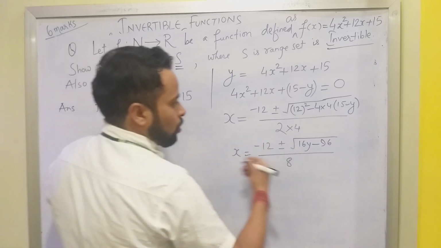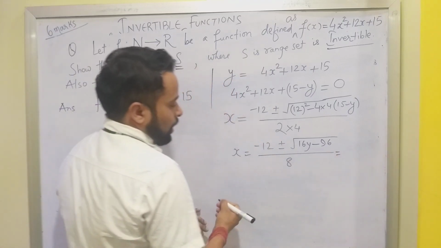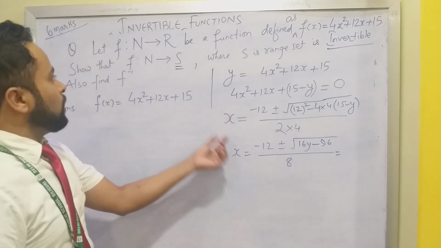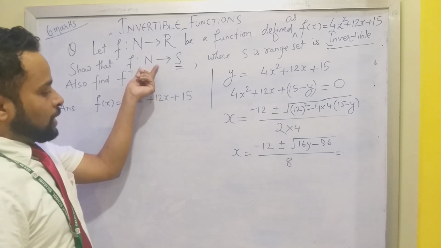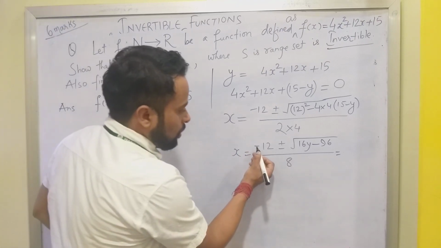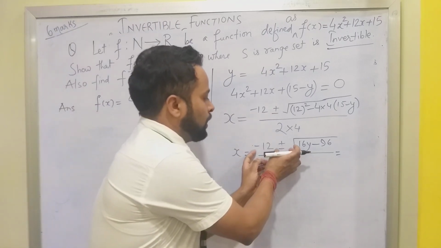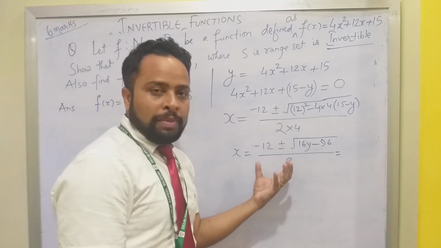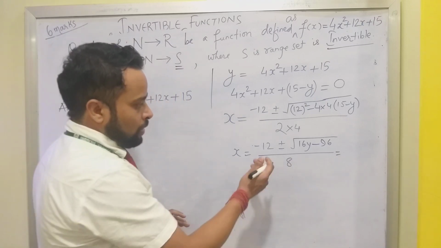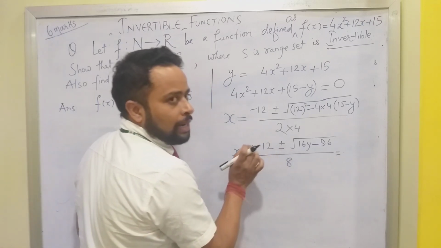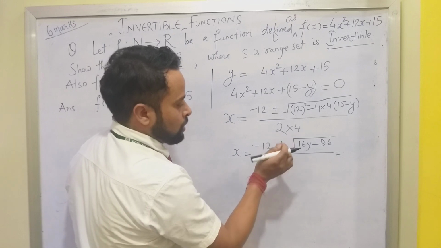If I take out 4 common, and your x belongs to what? x is a domain set, x belongs to natural numbers. I cannot take both the negatives because, if I take both the negatives, the ultimate value will be negative. So I will neglect the negative sign in between. So I will take only the positive value.